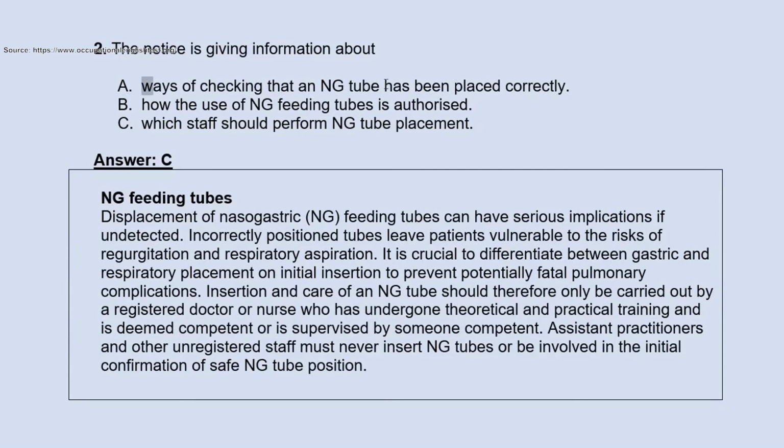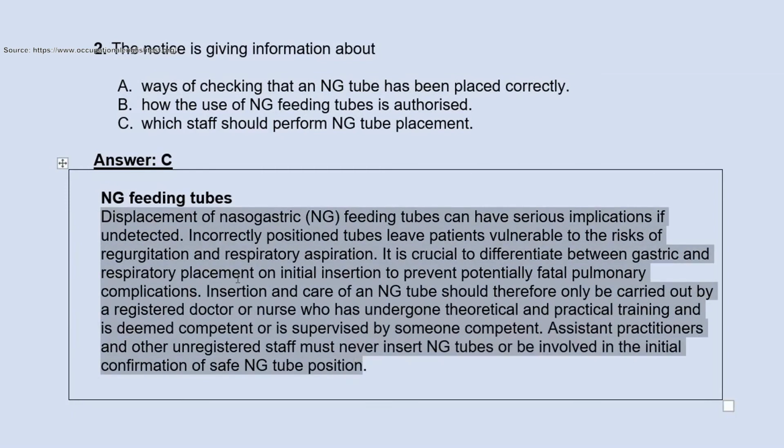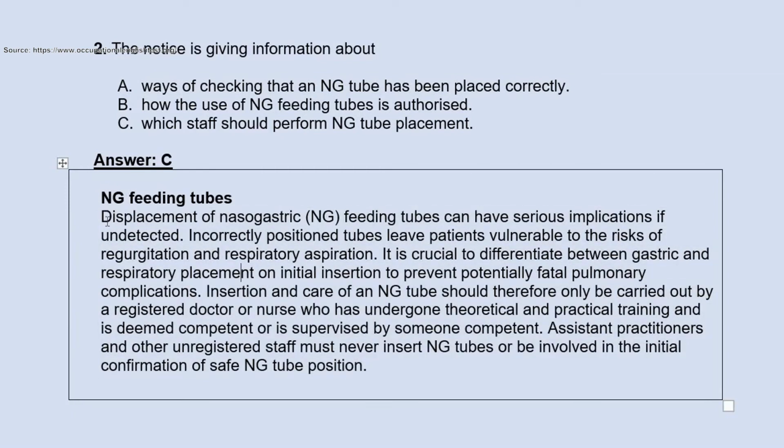Now let's deal with option A and B. Option A says ways of checking that an NG tube has been placed correctly. As you go through the paragraph, you can understand that the initial portion of this extract deals with the serious implications that could occur if the NG feeding tubes are incorrectly positioned. But they are not telling us anything about the ways of checking that an NG tube has been placed correctly.